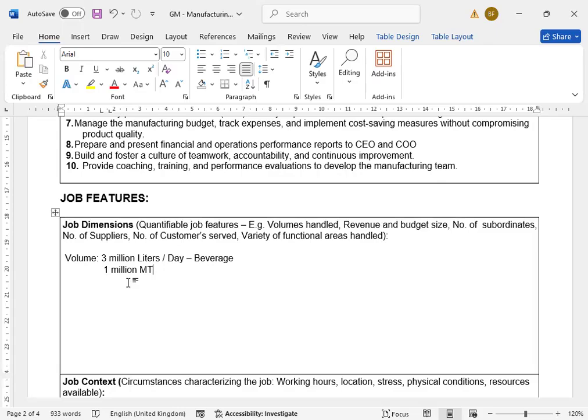Just a sample. I don't know if some machines can really produce 1 million metric tons per day. It could be.